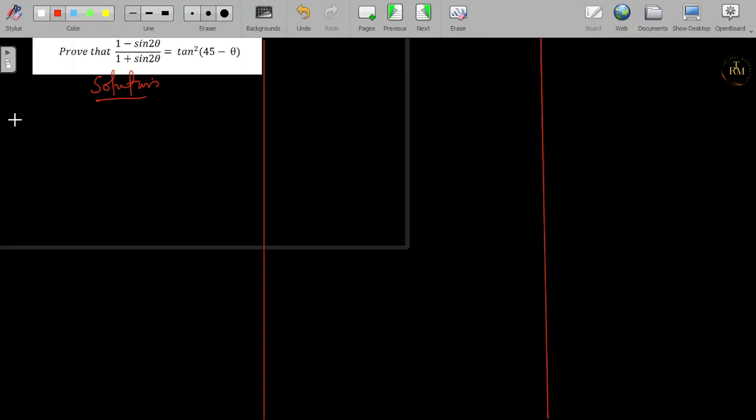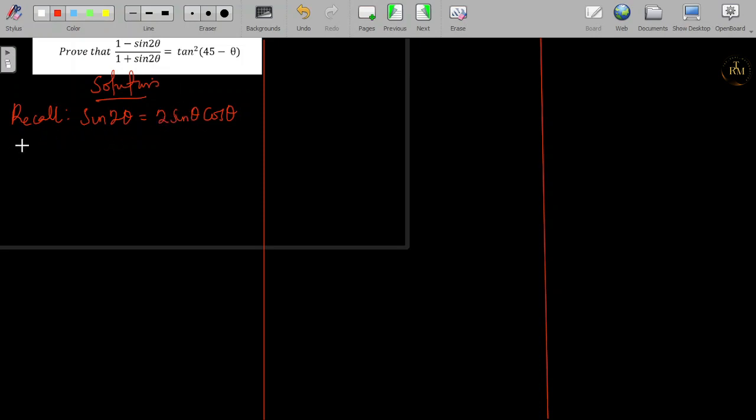The next thing we're going to do is recall that, according to my knowledge of trig, sine 2 theta has the value of 2 sine theta cos theta, right? So from the question here, I'm going to replace sine 2 theta with 2 sine theta cos theta.